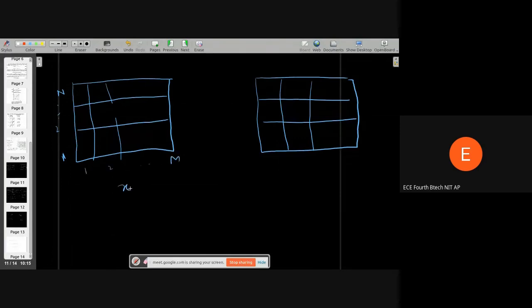So this is y, and this is x. For each vector xi with yj, you can find the individual cost. What is the distance between them, you can find.